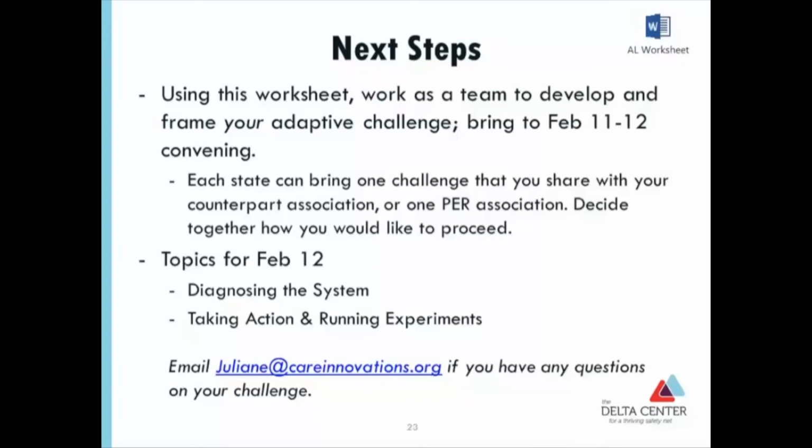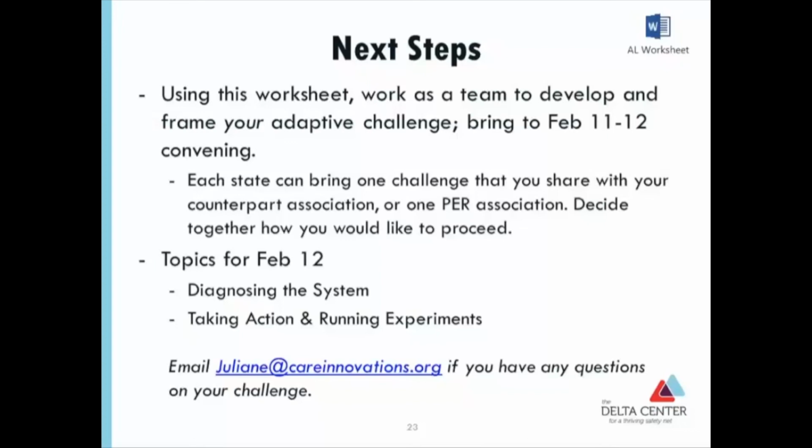That's the only guidance we're giving you on the challenge itself, that it should have to do with that journey. But you can bring one as a state or one per association. So decide as a team how you'd like to proceed. And if you have questions about that, feel free to reach out to me. You have my email at the bottom.